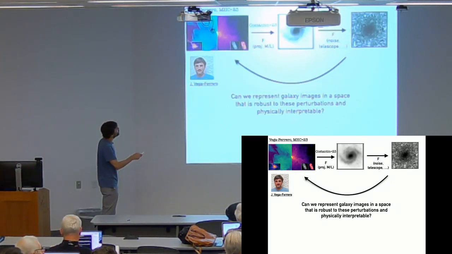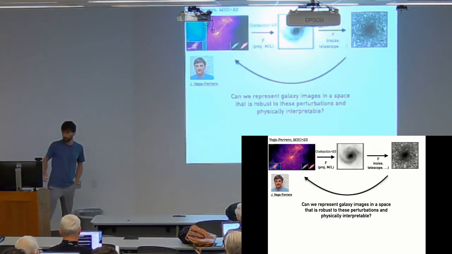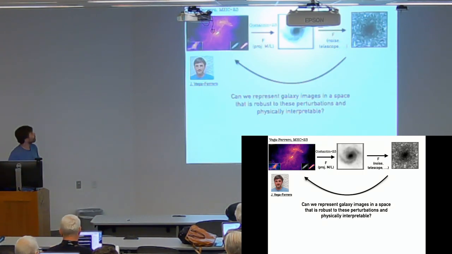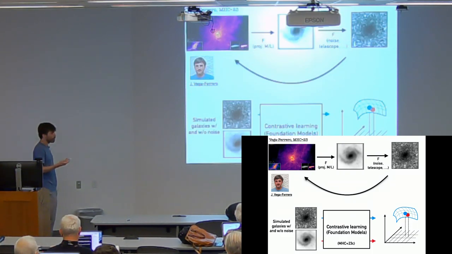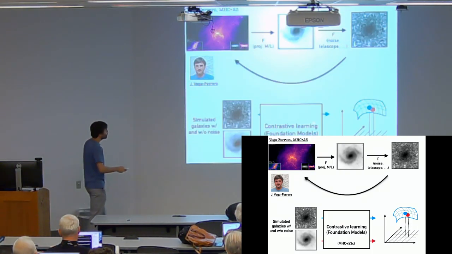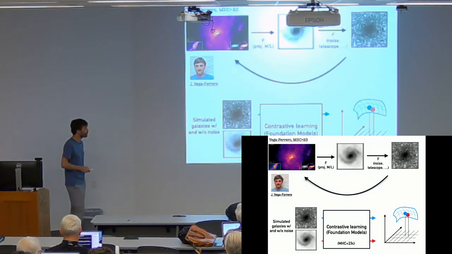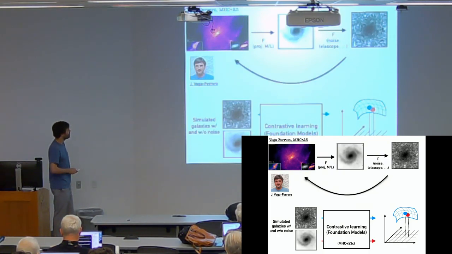So you can try to recover the information that is here from the noisy version, and see if we can get some information about the physical nature of these systems, less biased by pure morphological classifications. So we use something called contrastive learning, which is now rebranded as foundation models, which is a very fancy name.